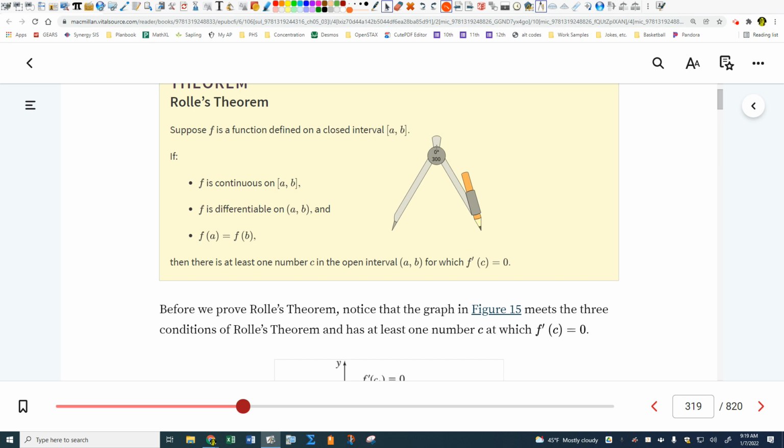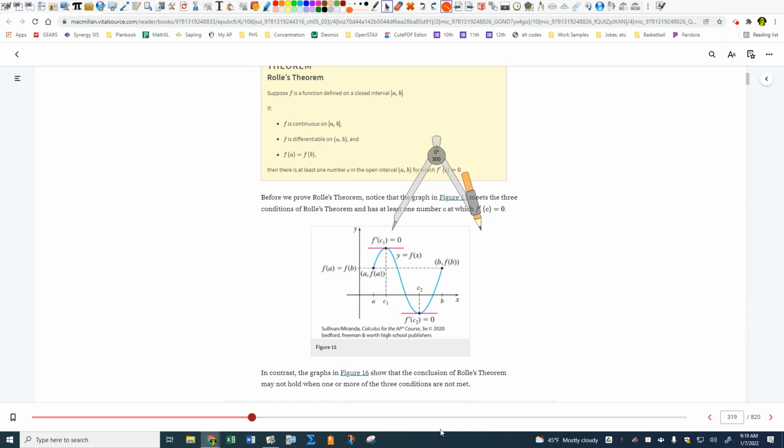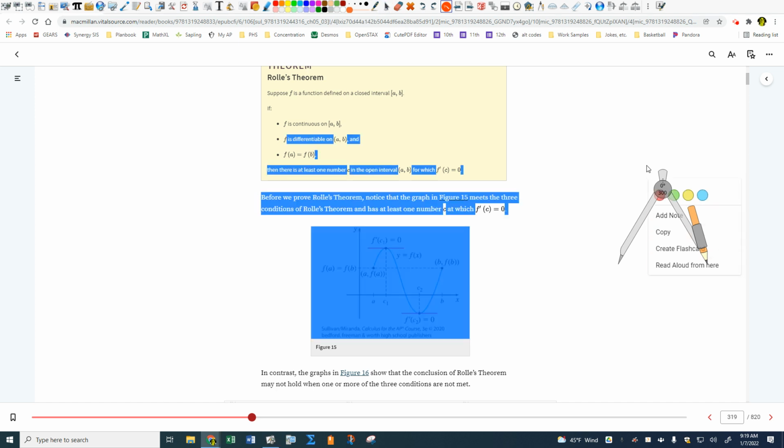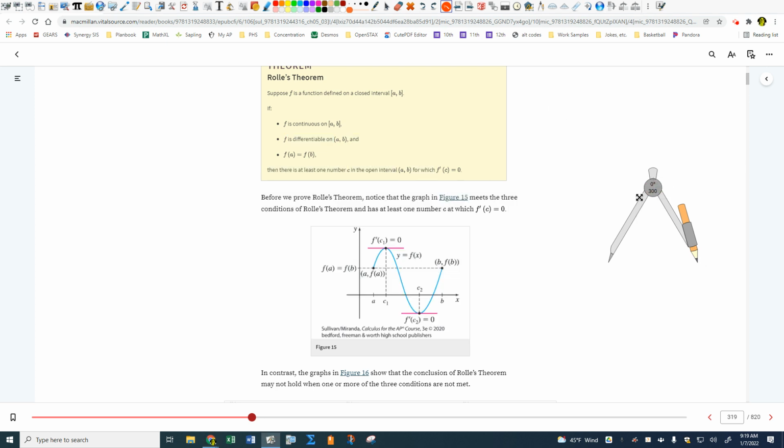What does this do? I don't even know what that thing is.